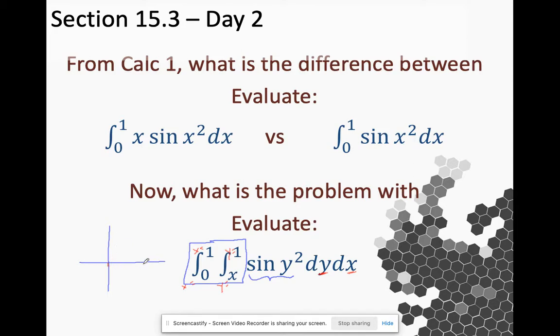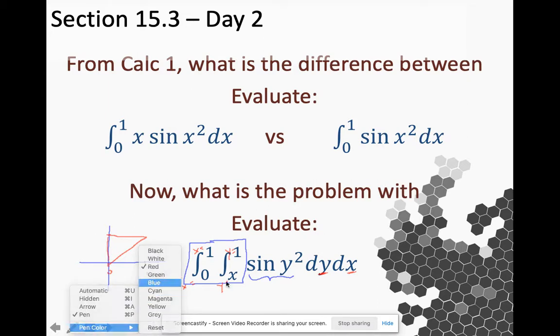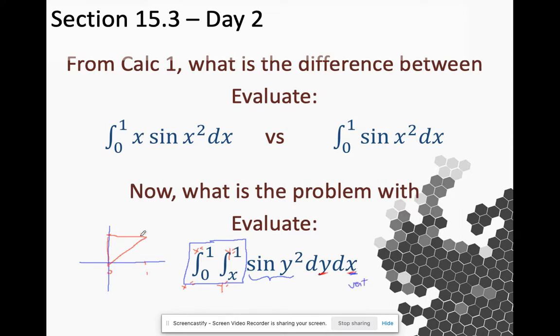From 0 to 1, y goes to 1, and y is equal to x, right? So I have this region, and what strips have I drawn? The way this is set up, what strips are being drawn, right? Since x is last, this is your vertical.